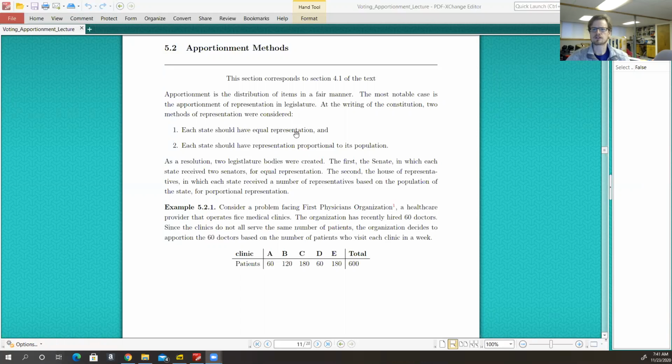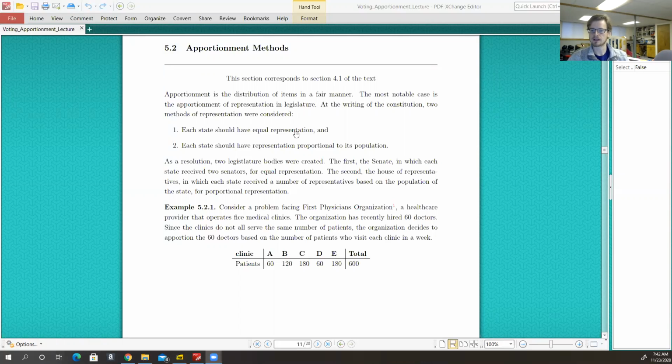All right. So this is the motivation for the section. Voting is clearly a government topic, and apportionment is viewed through a government lens as well. You'll find that the text we read might not match perfectly with how it's discussed and presented here, because I'm using a variety of texts.